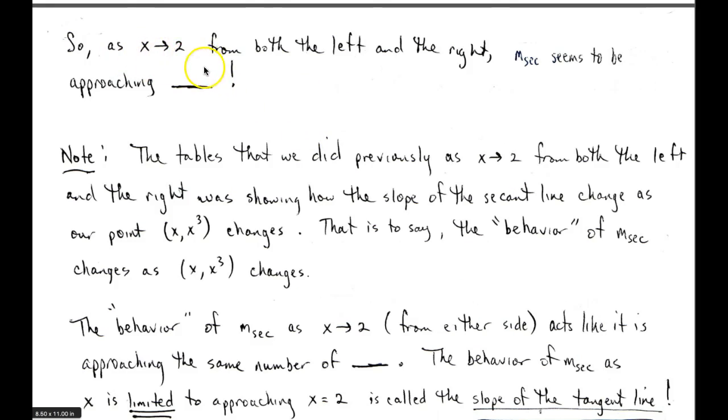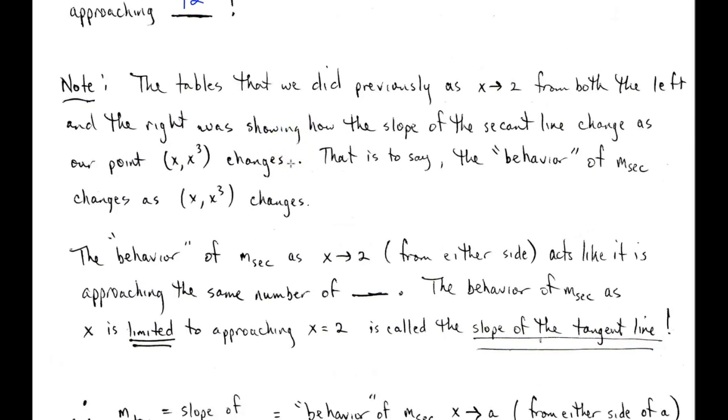So again, as x approaches 2 from both the left and the right, the slope of the secant line seems to be approaching 12. And so the tables that we did previously as x approaches 2 from both the left and the right were showing how the slope of the secant lines change from our point, arbitrary point, x cubed, okay?